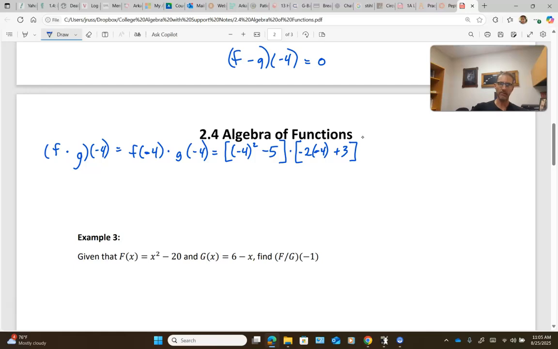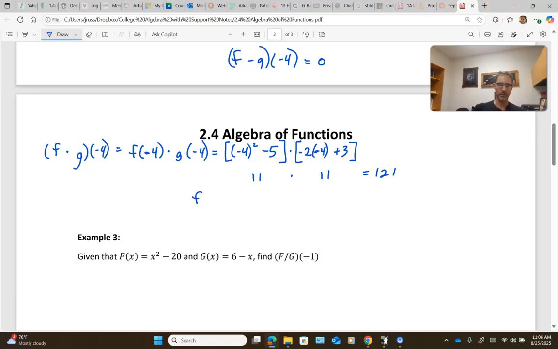I'm going to say that this one here would become 11, times the second one would become 11. But now instead of subtracting these two values, we're actually going to multiply them. And if you remember your multiplication tables, 11 times 11 is 121.